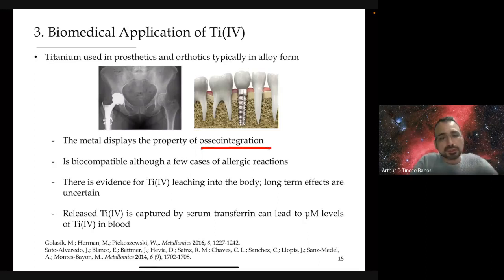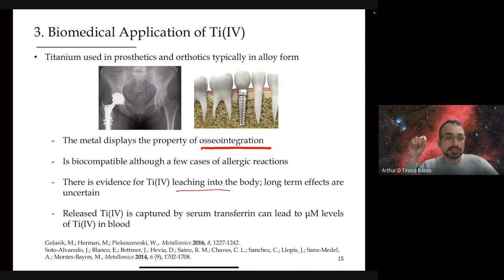Now, something that's extremely important has to do with the observation that titanium can actually leach or dissociate from the implants. And so what isn't entirely clear is whether that leaching is something that is a preliminary process, as in it doesn't occur long term, so it's not as if there's a constant leaching of this metal. Although it is clear that when there is a collapse of the implants, that can lead to titanium entering into the bloodstream.